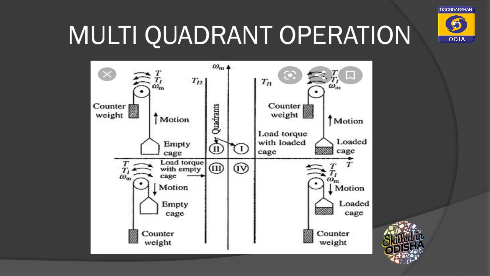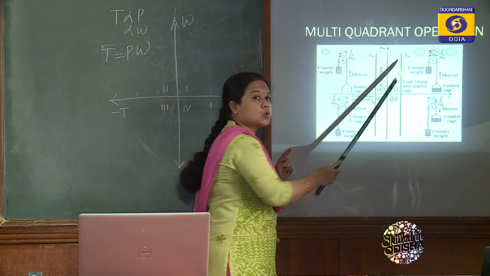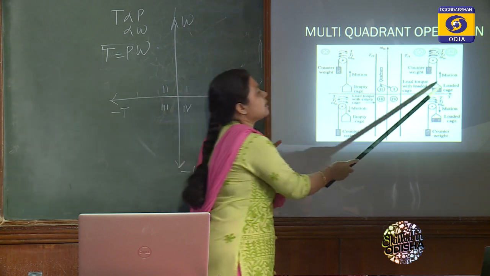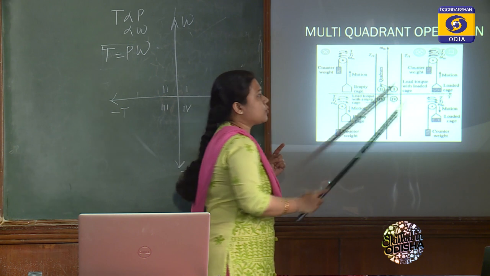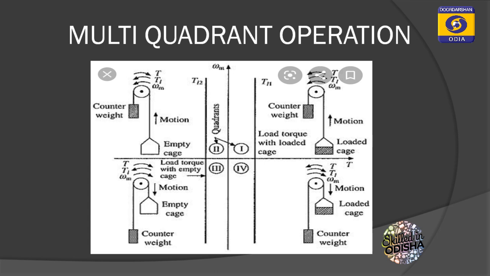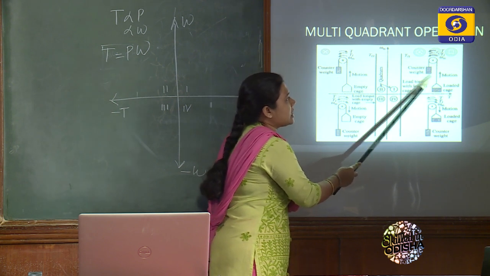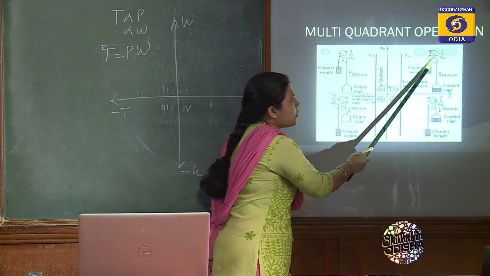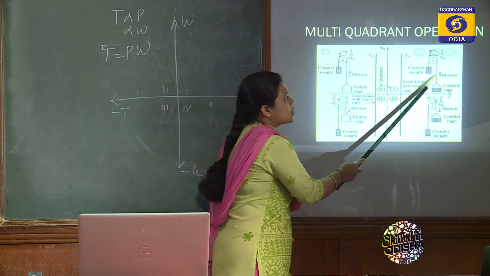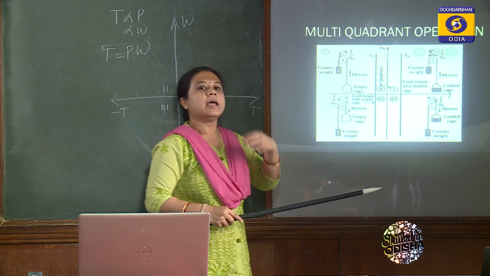If the motion is in the upward direction, always remember that the counterweight should be less than the weight of the loaded cage, but more than the weight of the empty cage. Otherwise there will be chances of accidents. That means this loaded cage weight is more than this counterweight, so it will counterbalance the weight, so that the speed of this motor will not exceed.